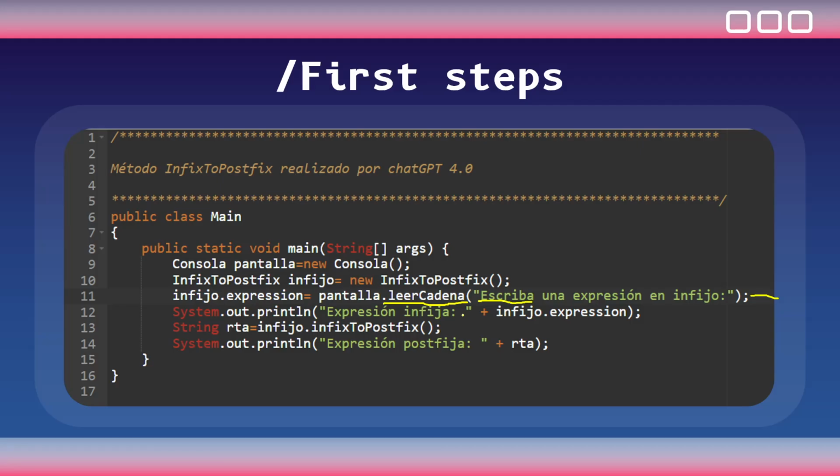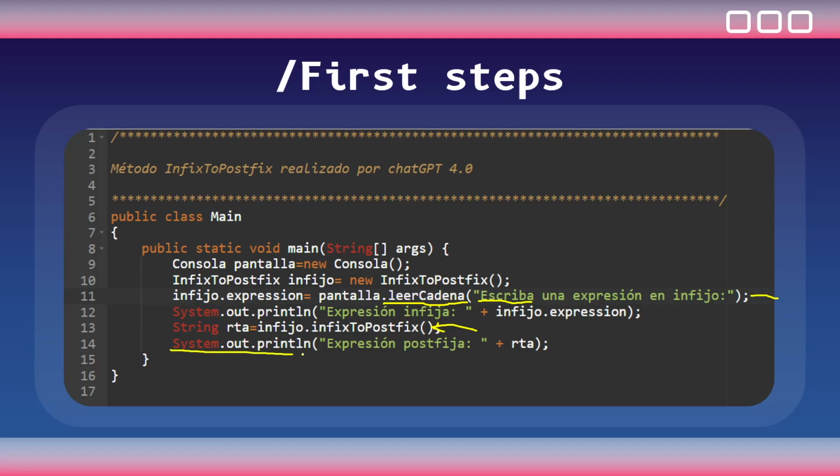So next, we'll print the expression infijo. Infijo expression will be the original expression that we entered. And we'll declare a new variable RTA, this string. Why? Because this method will calculate and re-express our expression in postfix. This method returns a string, so string RTA will be equal to the expression in postfix notation.